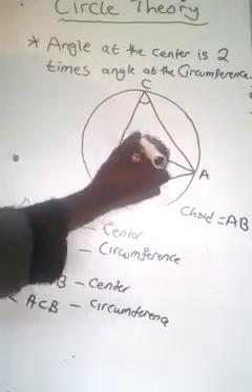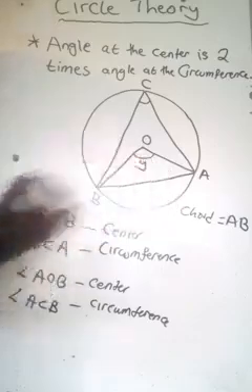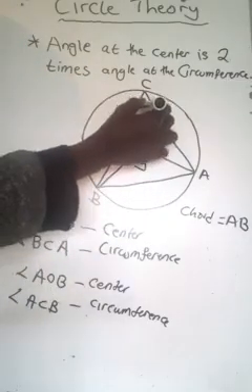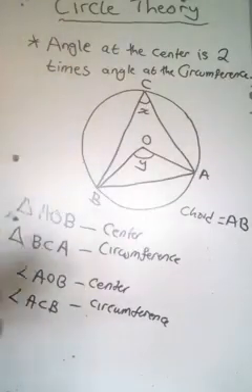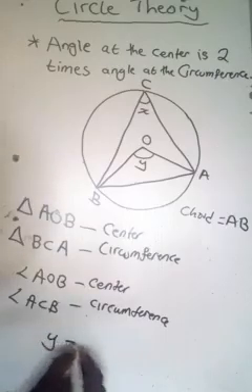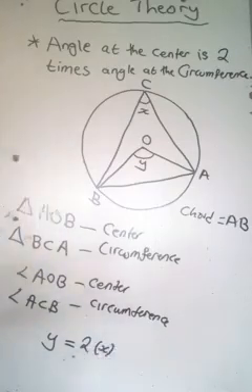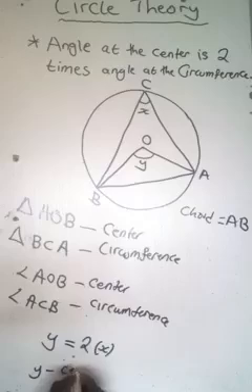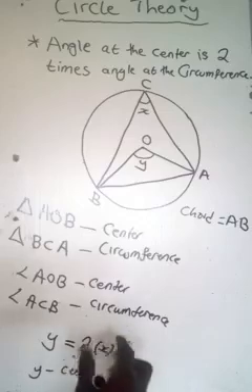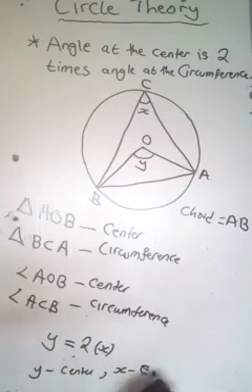Allow me to name the angle at the center, just for simplicity's sake, angle Y, and the angle at the circumference as angle X. According to this theorem, we can produce a mathematical equation: the angle at the center, which is Y, is equal to 2 times the angle at the circumference, which in this case is X. This is a very important equation, because Y represents the angle at the center, and X represents the angle at the circumference. So here you have the circumference.